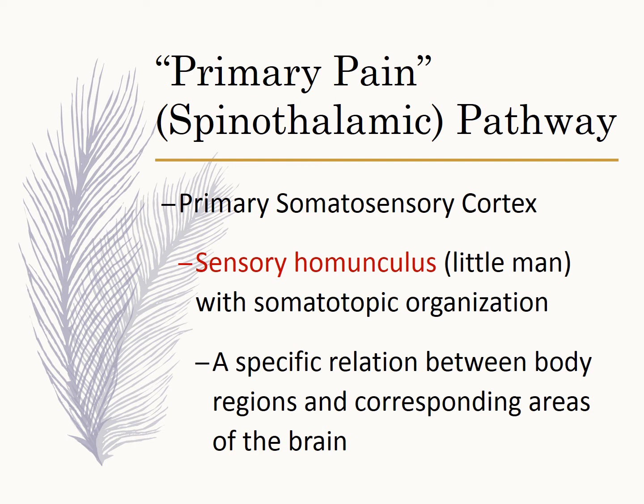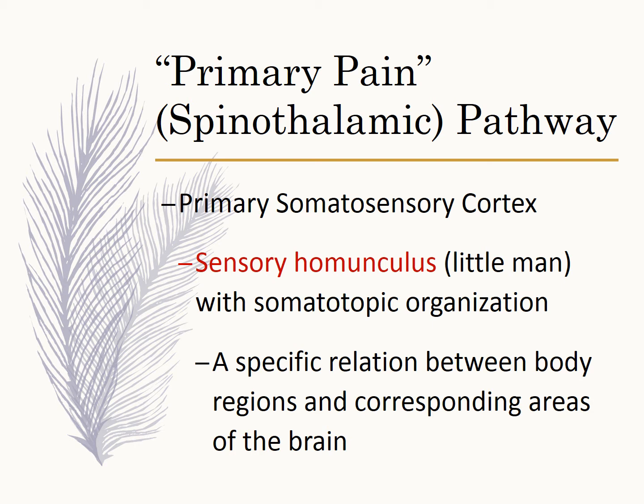The primary somatosensory cortex is highly organized. Within the cortex, we have a representation of the human body. This representation of the human body is known as the sensory homunculus. A homunculus means little man. And again, it's like having a little man represented on your brain.